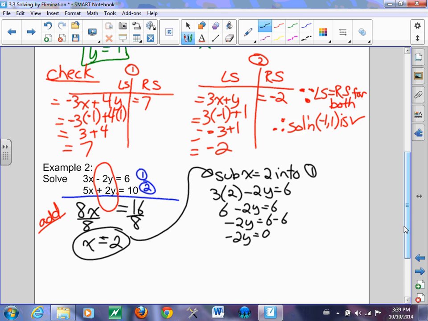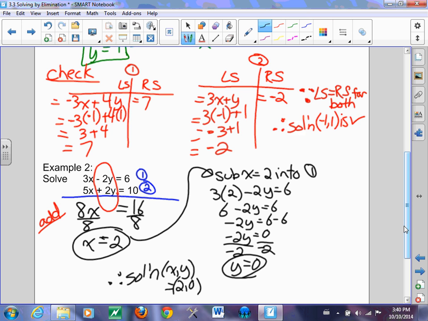And then to get y by itself, divide both sides by negative 2. And y equals 0. So therefore, the solution (x, y) equals (2, 0), an ordered pair in brackets.